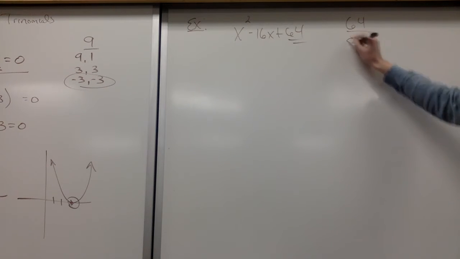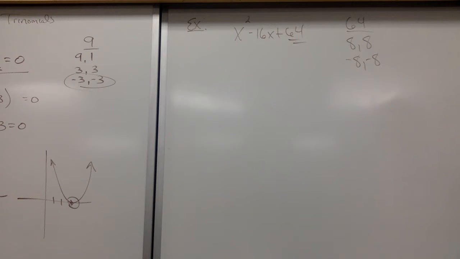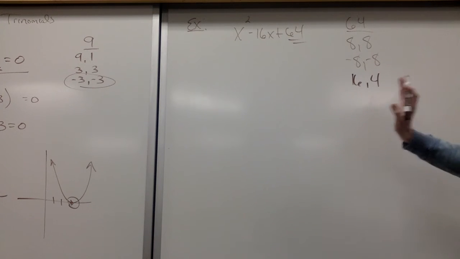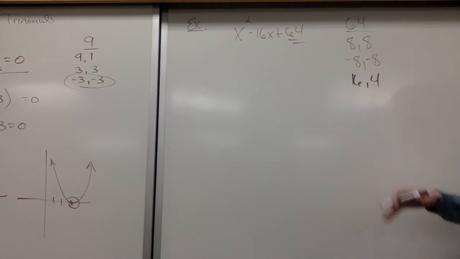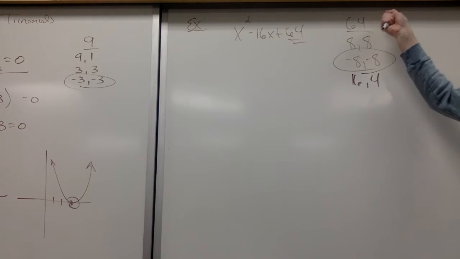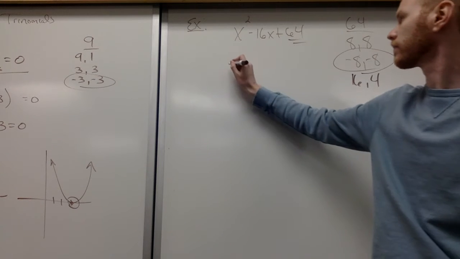Well, we could do 8 and 8, negative 8, negative 8. We can do 16 and 4. But I'm going to stop there. I don't want to keep listing anymore. I think you can kind of see which factors I'm looking at. It's these guys, right? Negative 8 and negative 8. When I multiply, it gives me 64. When I add them, I get negative 16.